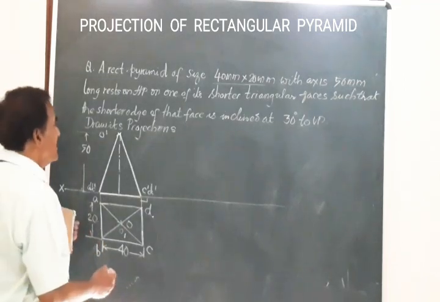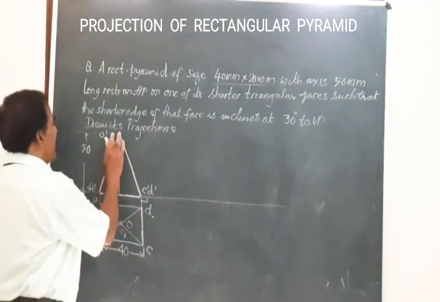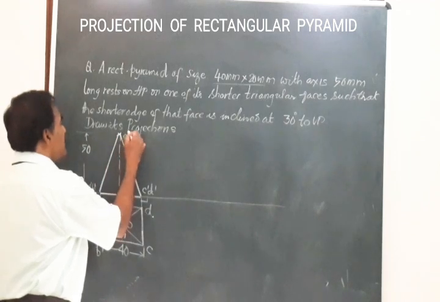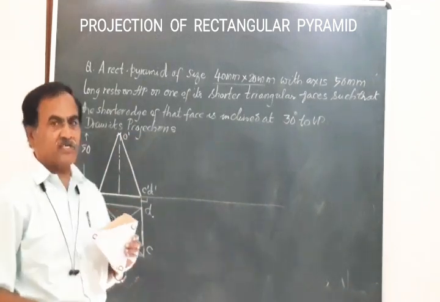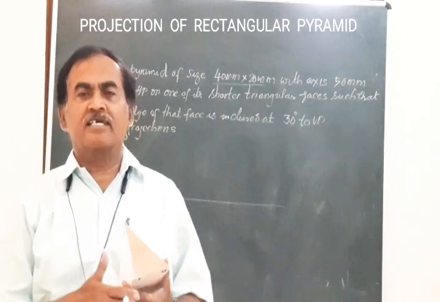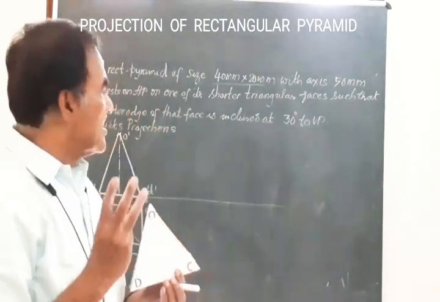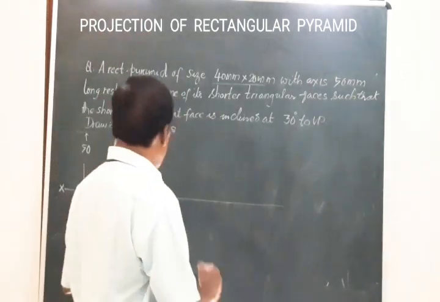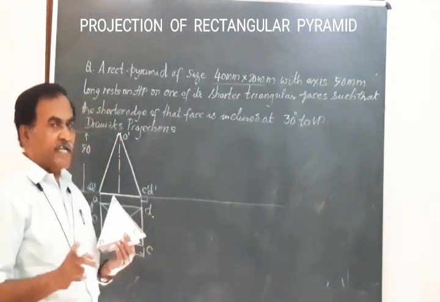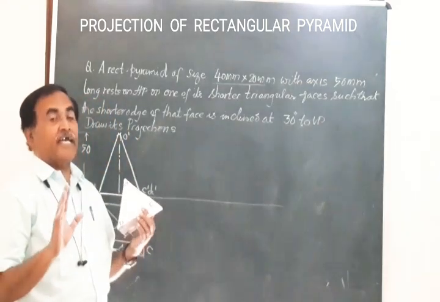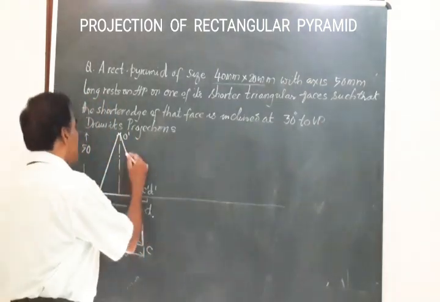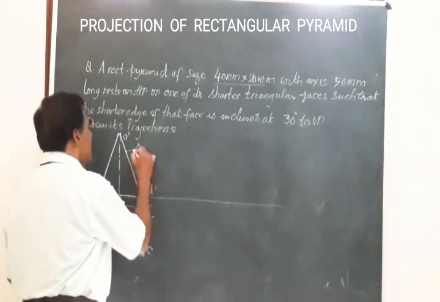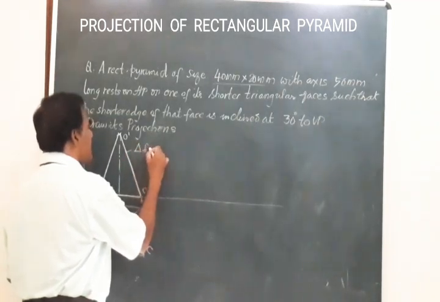Now friends, here the last line represented by O dash, C dash, D dash represents a plane surface. Since there are 3 points here, this O dash, C dash, D dash represents a triangular surface. So I write down here, this is a triangular plane.